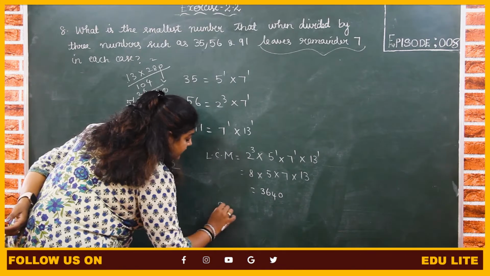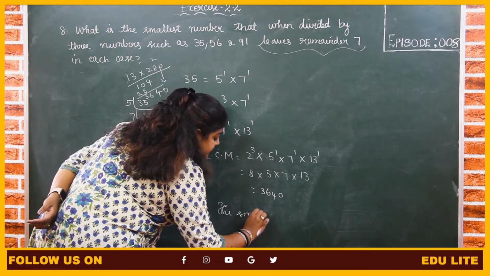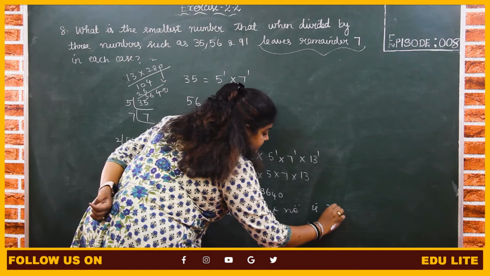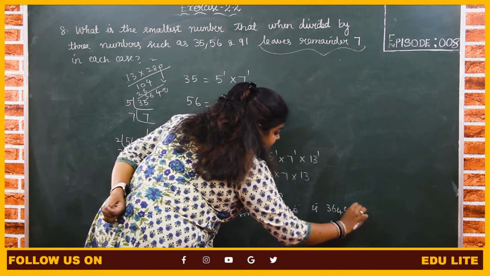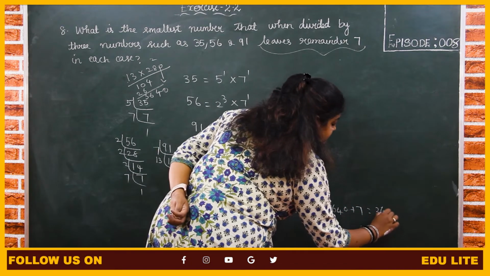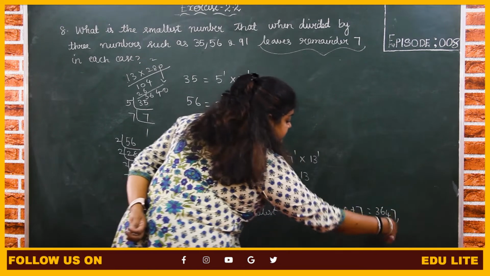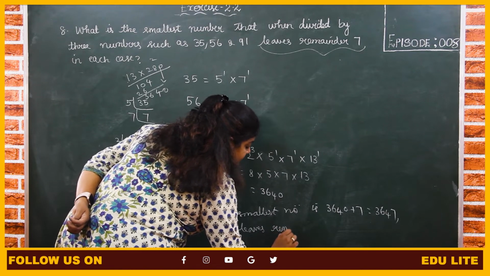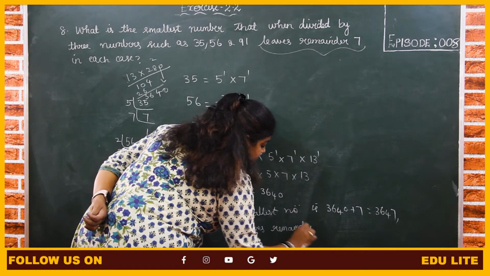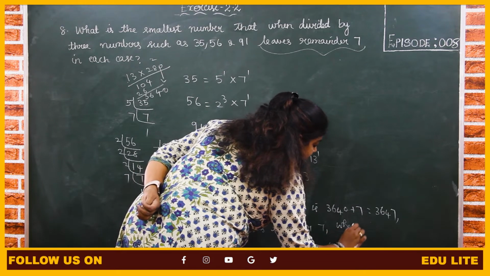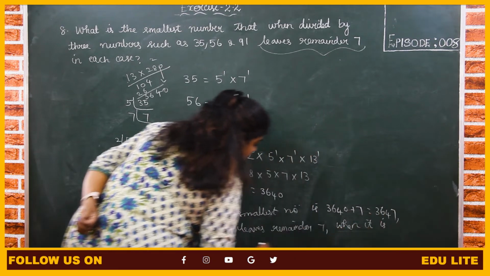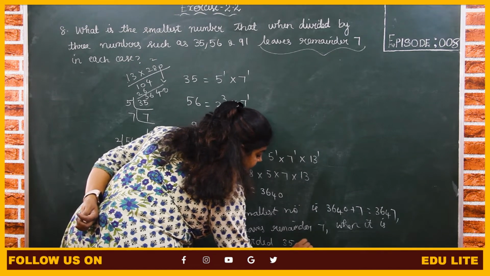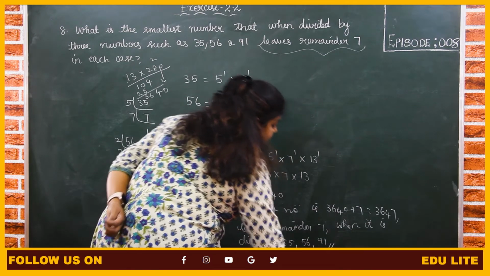Therefore, the smallest number is 3640 plus 7, which is 3647. 3647 leaves remainder 7 when it is divided by 35, 56 and 91.